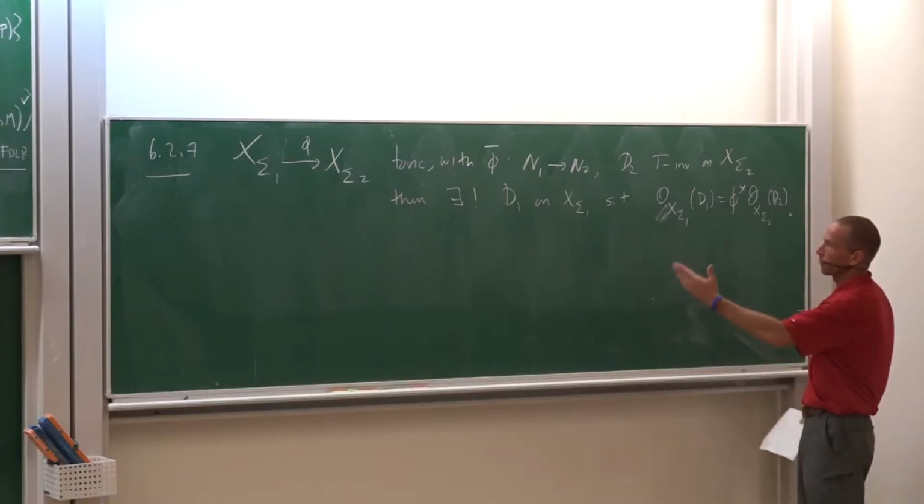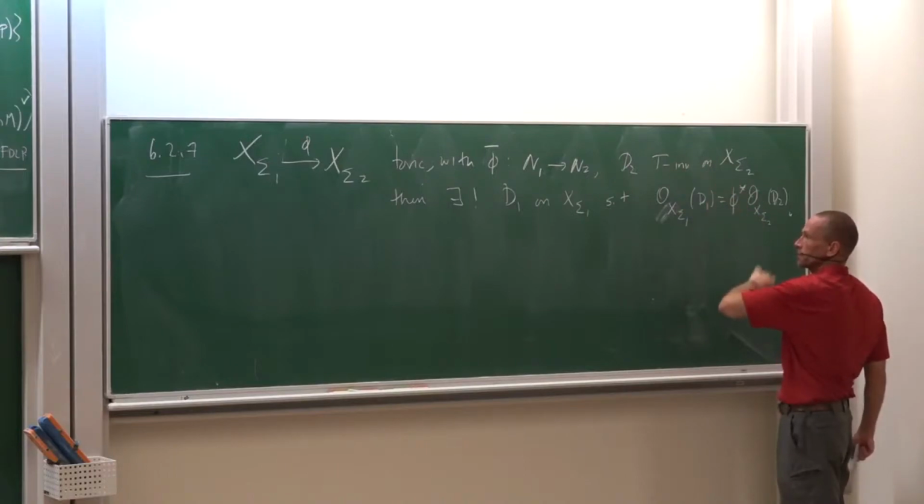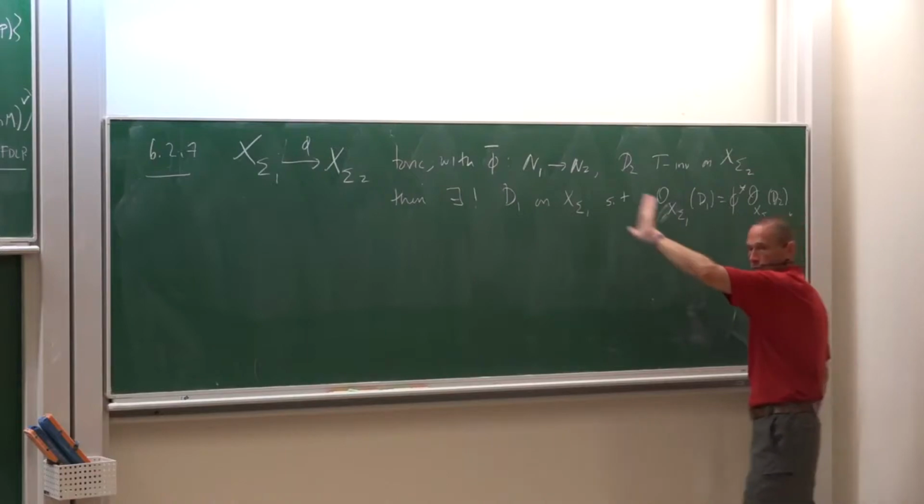So with a toric morphism and a T-invariant divisor on the target space, I can pull it back to a unique divisor on the source space.